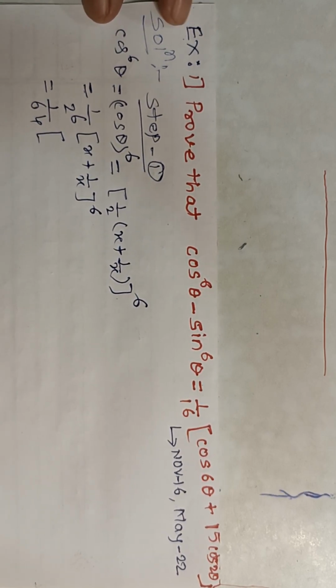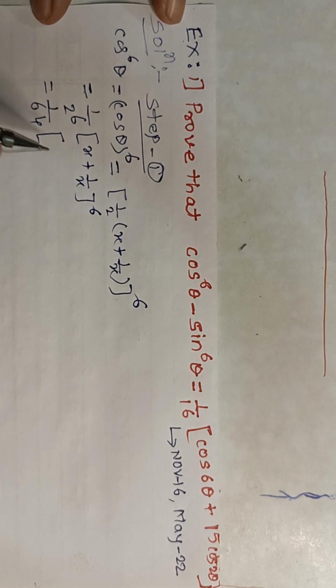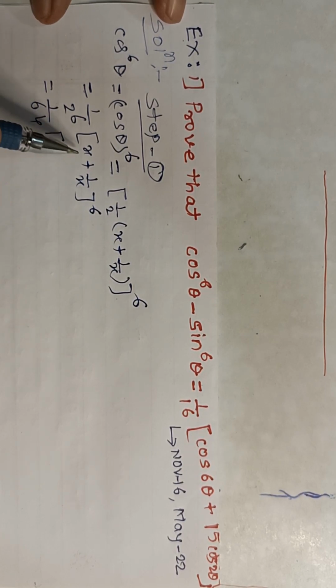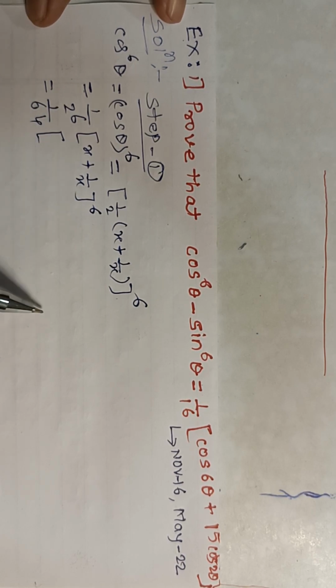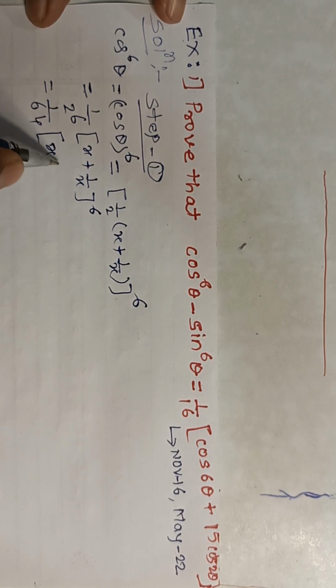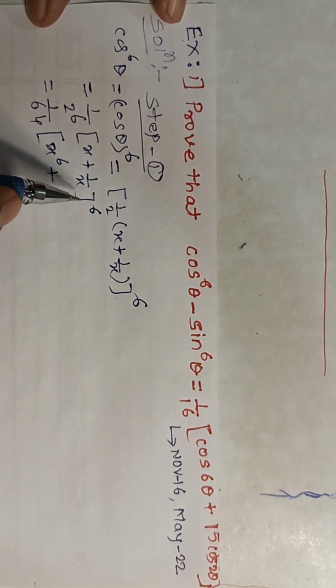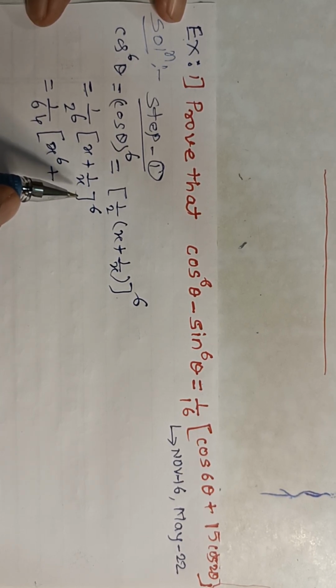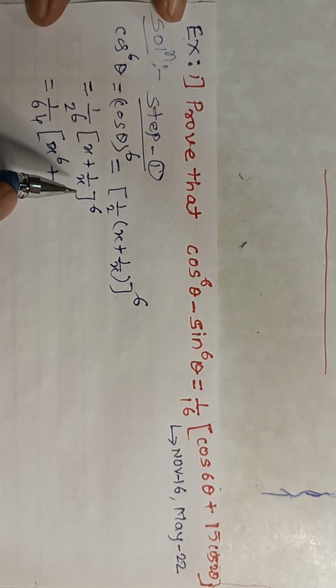We have to use binomial expansion. In between these two terms there is a plus sign and the power is also positive, so all terms will be positive. Hence x plus 1 upon x to the power 6, where n is 6, so the binomial coefficients will be 1, 6, 15, 20, 15, 6, 1.